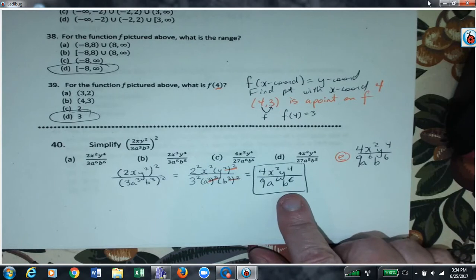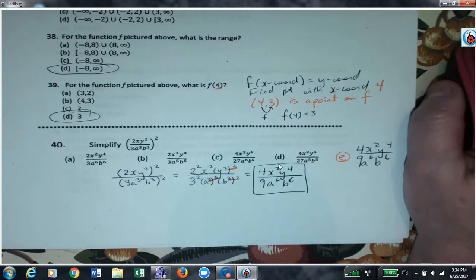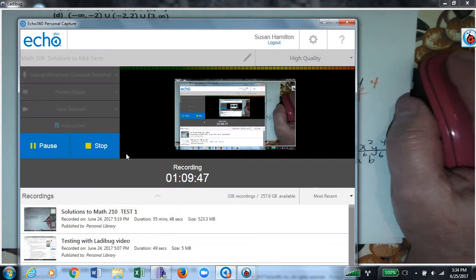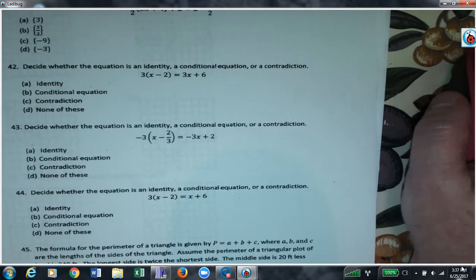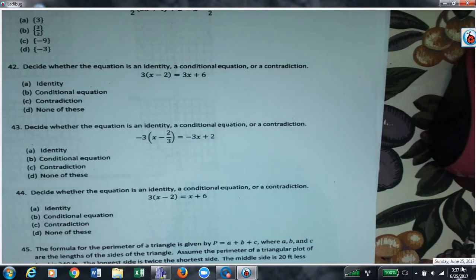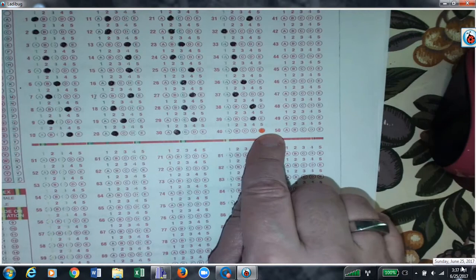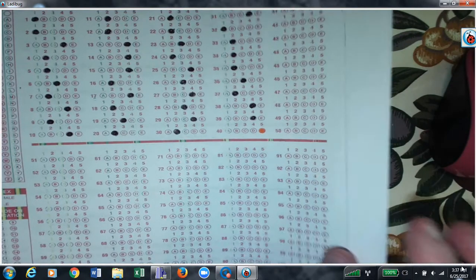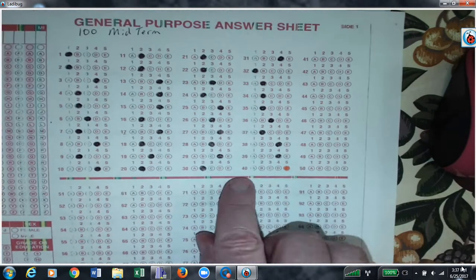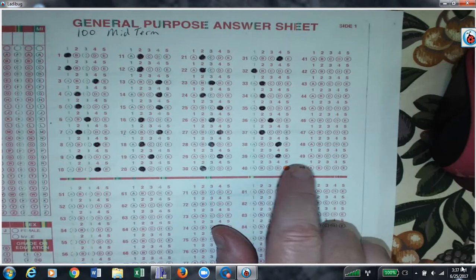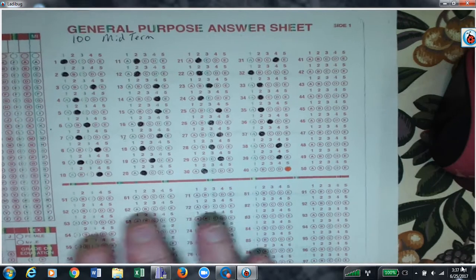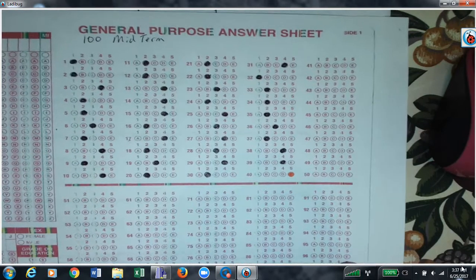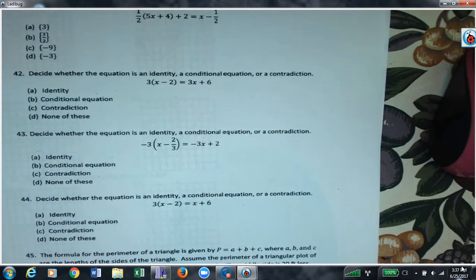That should have been the correct answer. Okay, I've corrected that in the master file, but everyone gets credit for number 40. So I've just marked that there was an error. So future ones won't have the error in it. Okay.